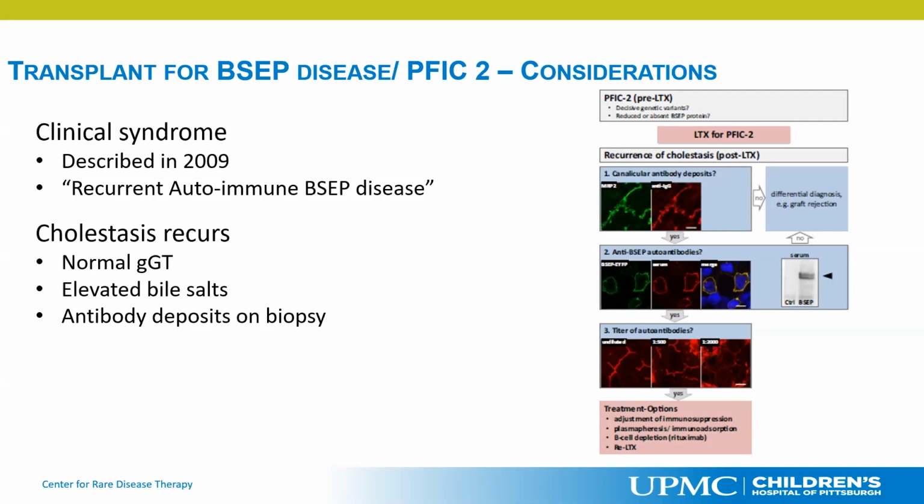It's called autoimmune, but it's not really autoimmune, it's alloimmune. The protein is not the patient's own. When you develop an autoimmune disease, you develop a disease against, say, your own islet cells, so you develop diabetes.